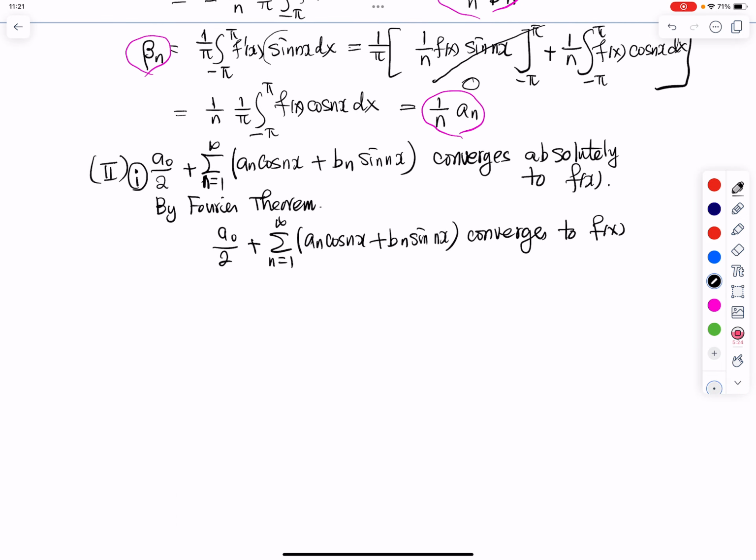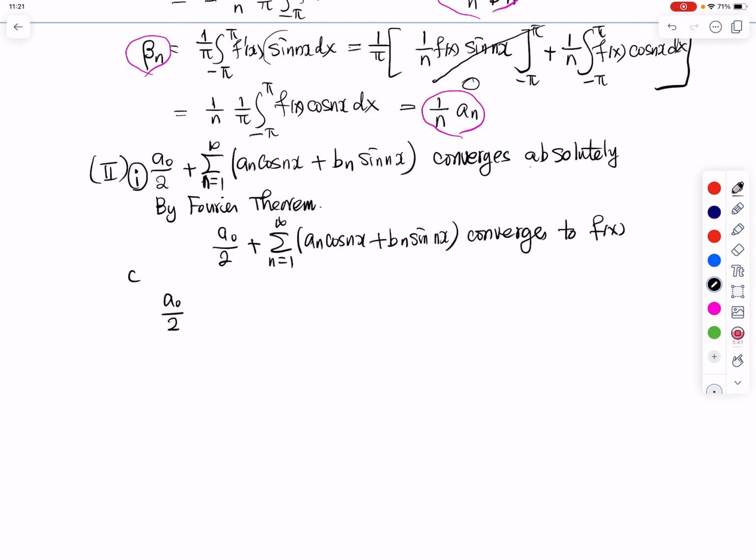And then we want to show the absolute convergence. So let me erase this part. I'm sorry. Absolute convergence means you just take the absolute value. So you have the a_0 over 2.